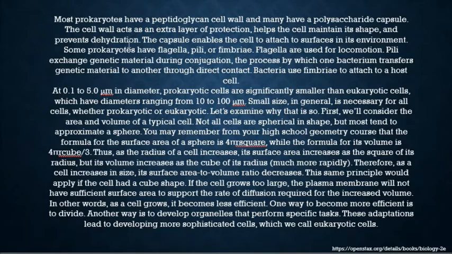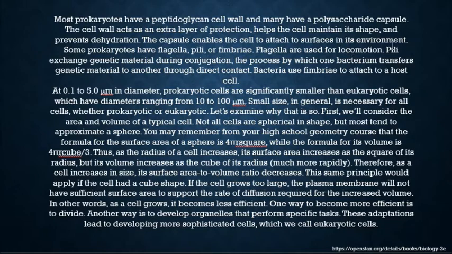The capsule also enables the cell to attach to surfaces. For example, in our mouth, we get dental cavities. Why? Because those bacteria, Streptococcus mutans, attach to our cells with the help of their capsules. That's why if we do not brush vigorously, they don't get removed.